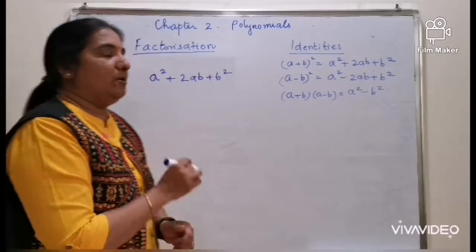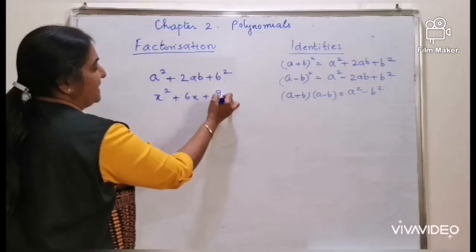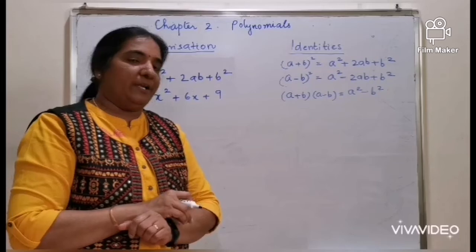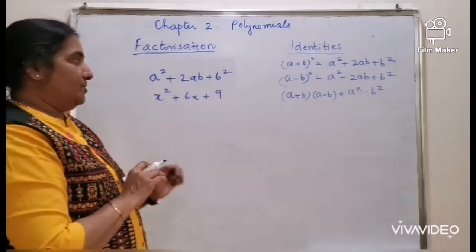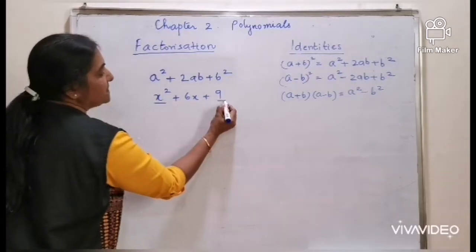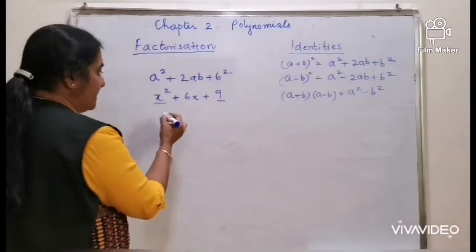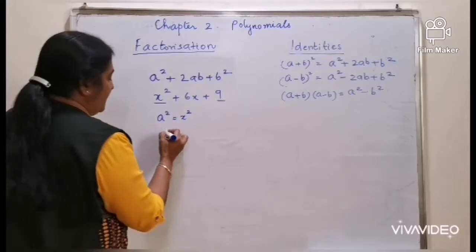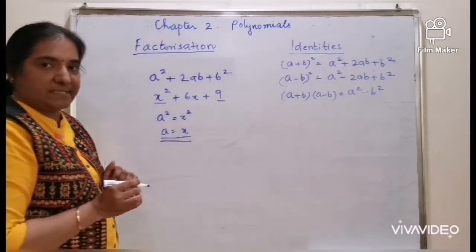Take an example of x square plus 6x plus 9. You are asked to factorize this polynomial. Here, the first logic, you can check whether two terms are square numbers. That is, your a square is the same as x square, a is square root of x square, or it is x.